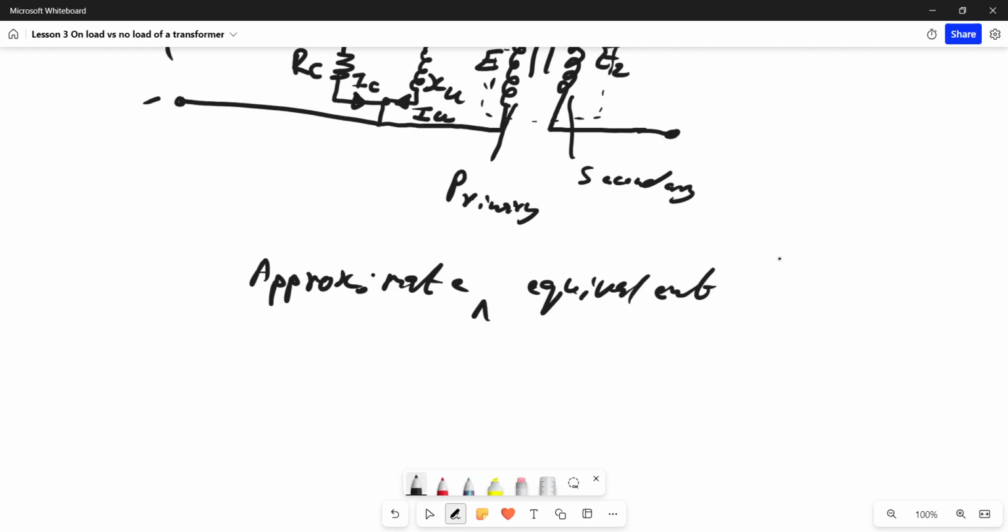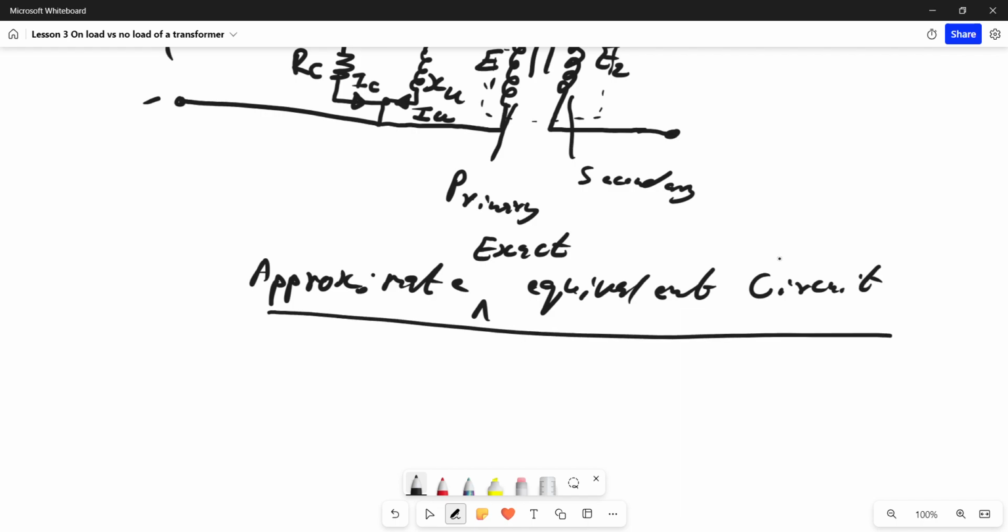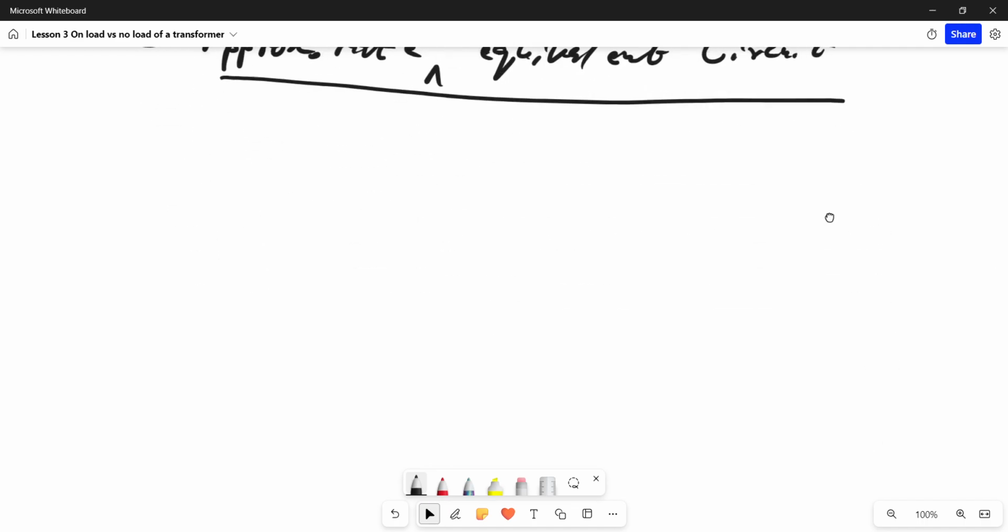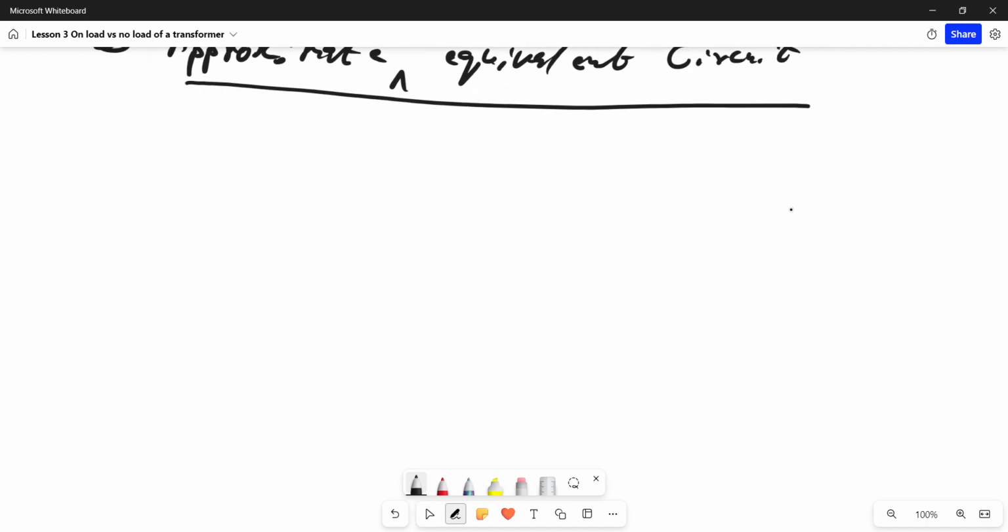Sorry, it is called the approximate exact equivalent circuit. So this is the second circuit, and it is drawn this way.